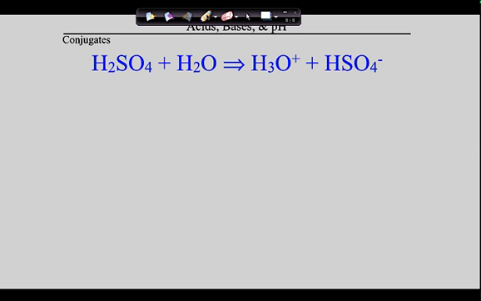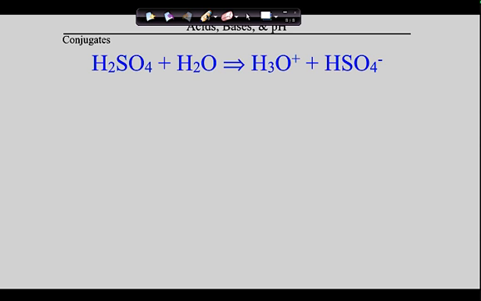So how do we figure out which is which? Remind yourself, what do acids do? They give away hydrogens. You look at water and ask yourself, did water give away a hydrogen? If water lost a hydrogen, what does H2O turn into? Just OH.